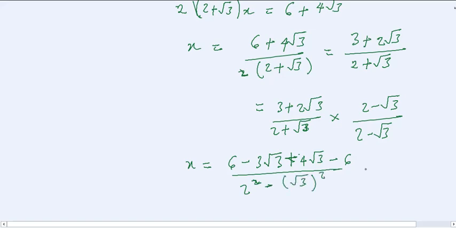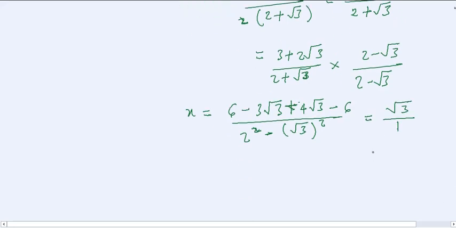So that the answer will be root 3 over 1. So hence the answer is root 3. Therefore x is equal to root 3. Thank you very much.